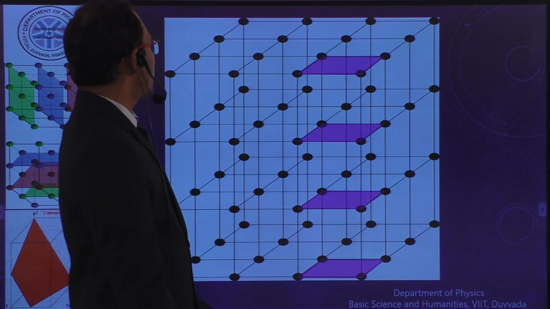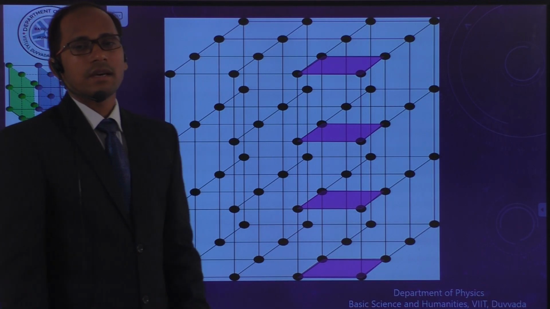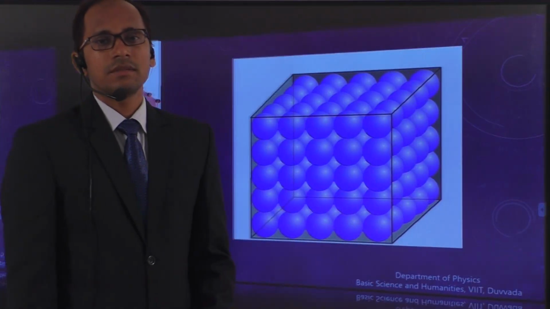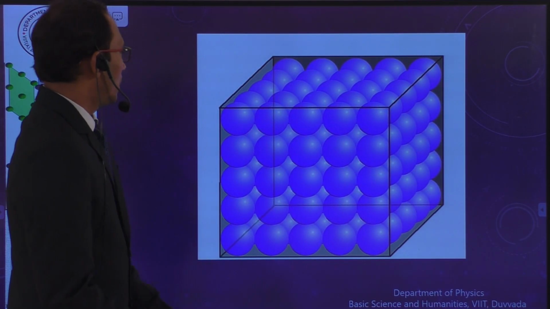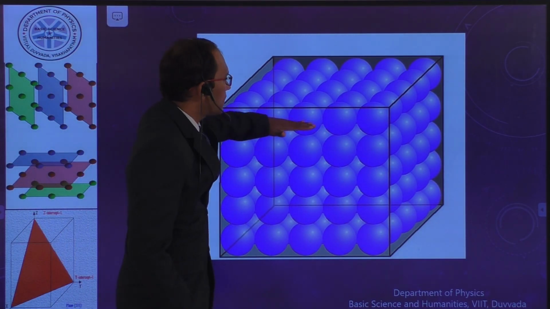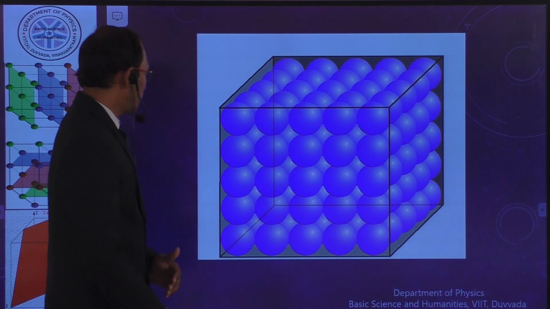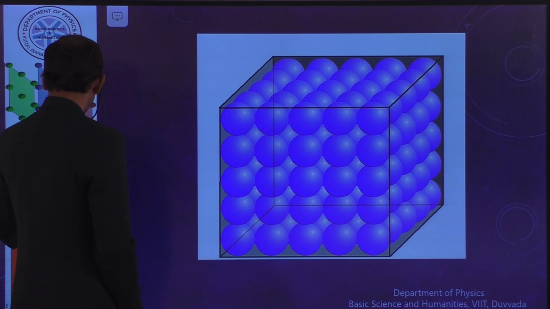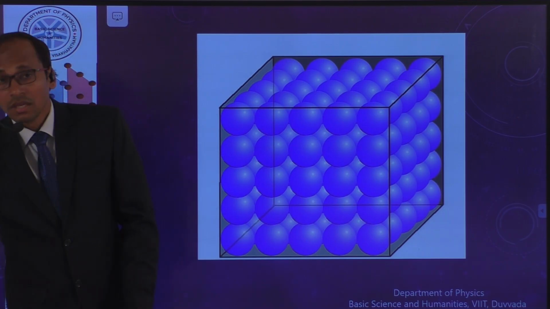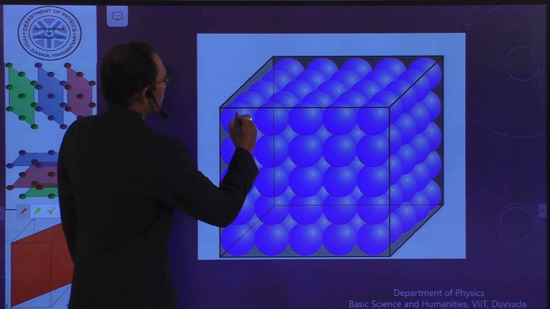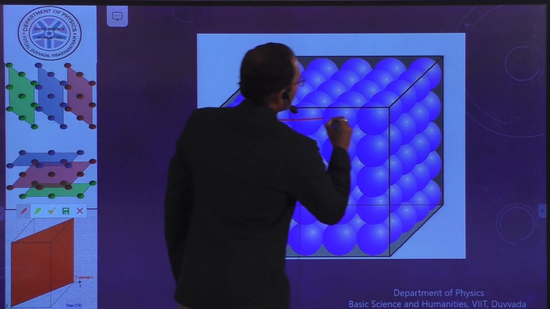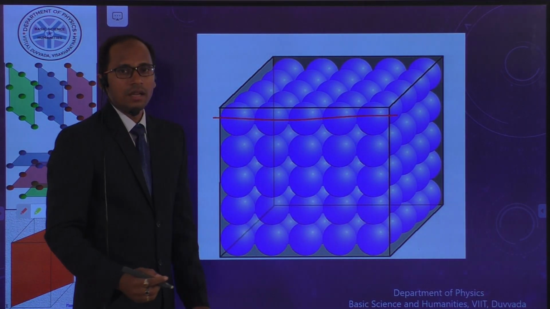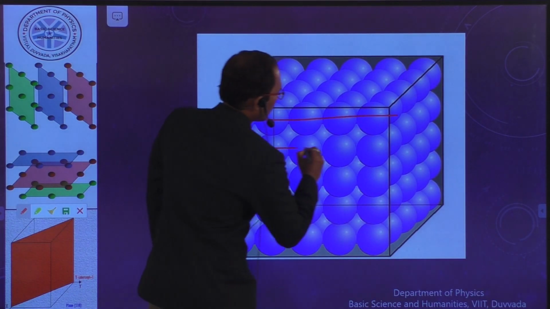Today, the same thing, how the parallel planes look, we also saw in the last class. Now if you take these planes, all the atoms are here, this is one plane, and this is also one plane.